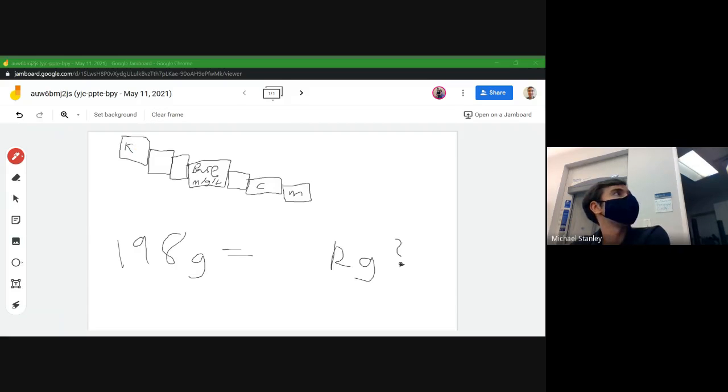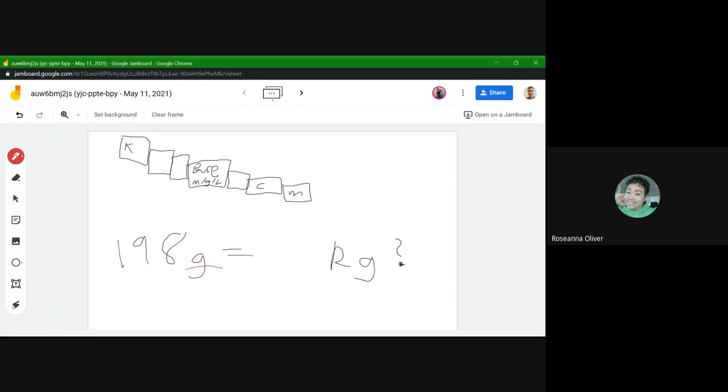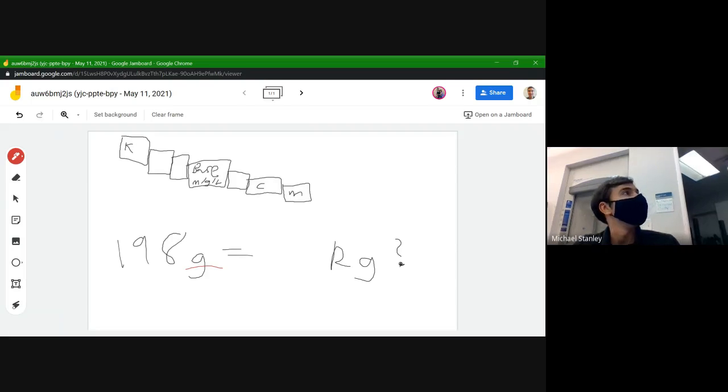K is not our starting point because remember, we're starting with 198 grams. So if we're starting off with just normal regular grams, then what is going to be our starting point? The base unit? Yeah, there you go. So our base unit is our starting point right here.